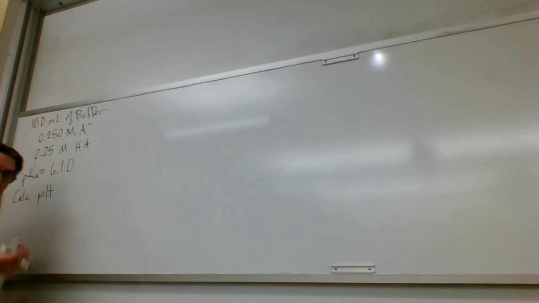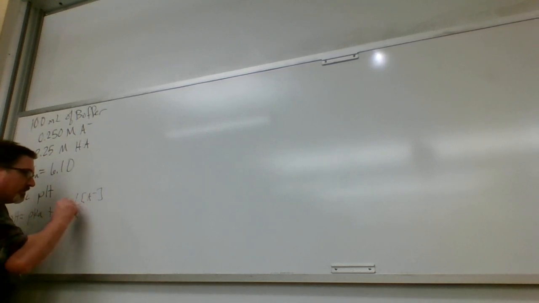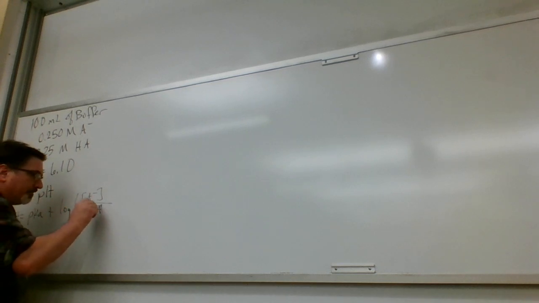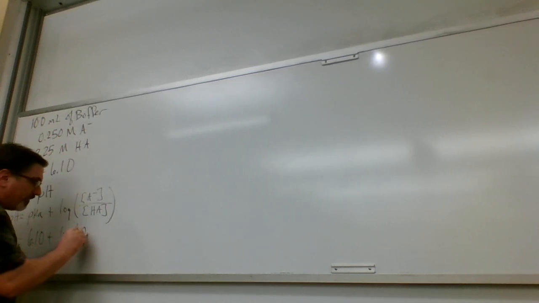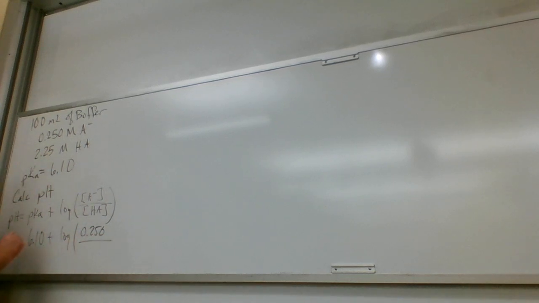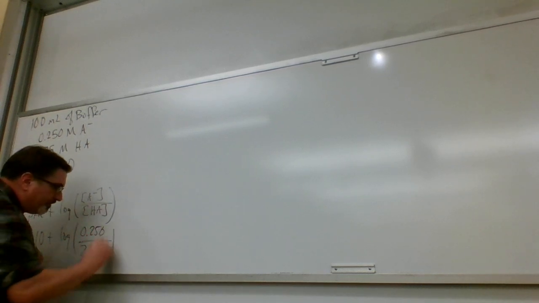So that comes from the Henderson-Hasselbalch equation. pH is equal to the pKa plus the log of the concentration of A minus over the concentration of HA. Plugging in our numbers, it equals 6.10 plus the log of A minus, which was 0.25, over HA, which is 2.25.